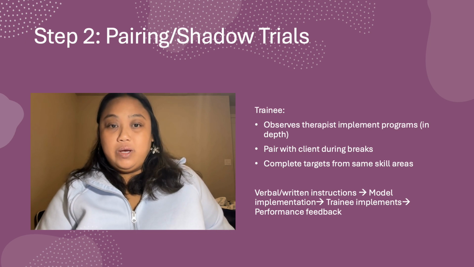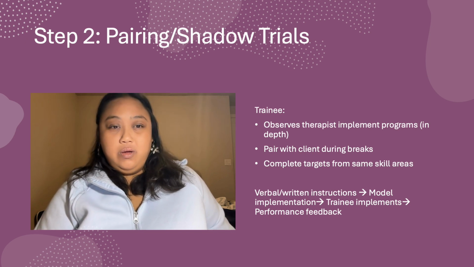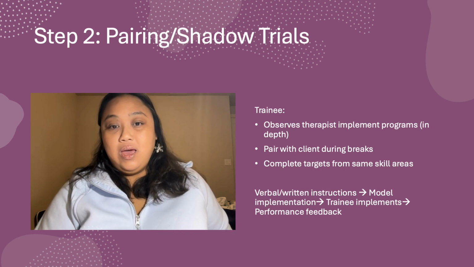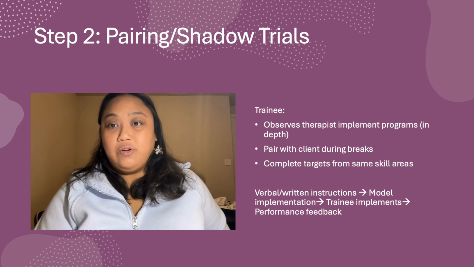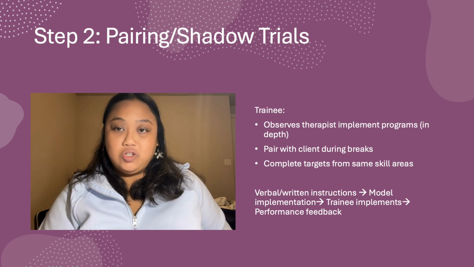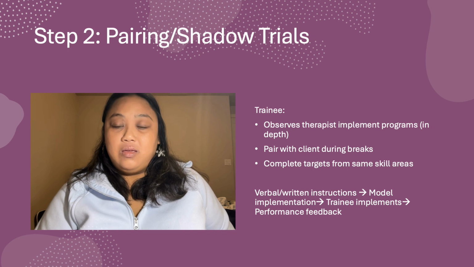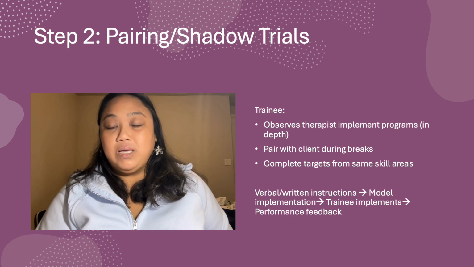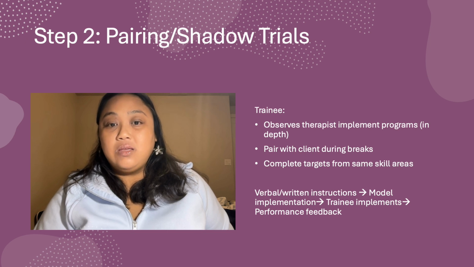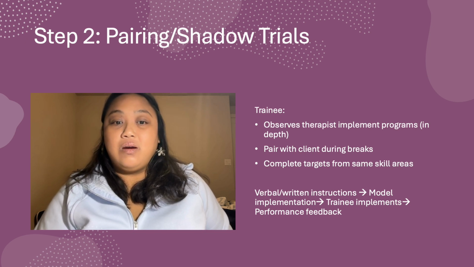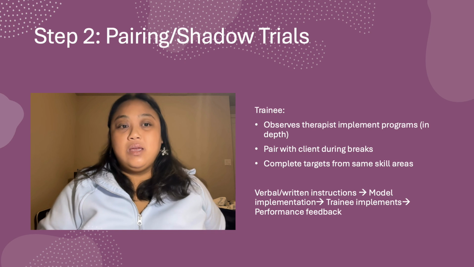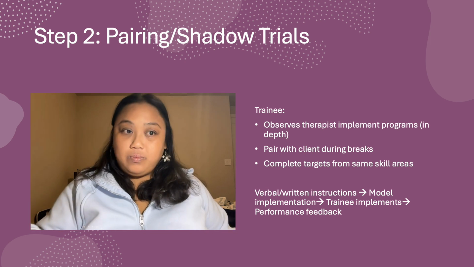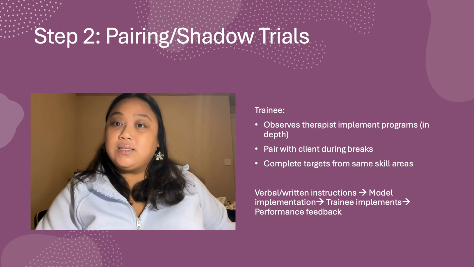I wrote what a trainee goes through during the step 2 portion of their training, and usually they are given verbal or written instructions on how to implement the skill acquisition target, and then they watch the therapist or the trainer implement how to do it, and then the trainee implements, and then after that they are given feedback. Feedback is ongoing at this point until the competency assessment.